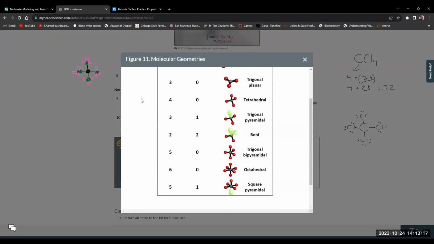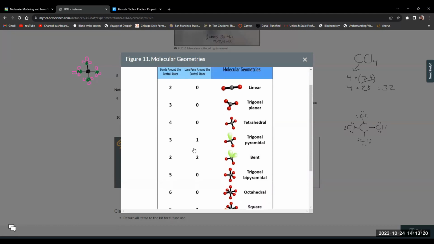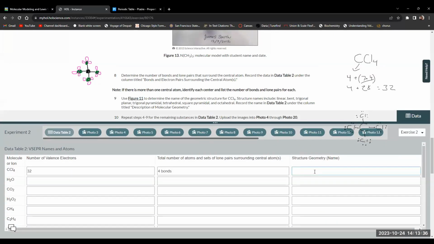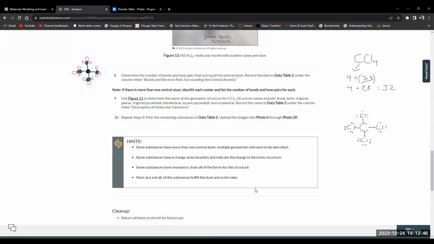So ours looks like which one? My money would be tetrahedral. It has 4 things attached, and none of them are lone pairs, so it's the one that matches. And repeat steps 4 to 9 with the remaining substances and upload images into 4 through 20.